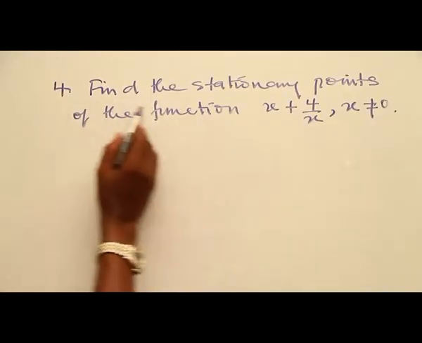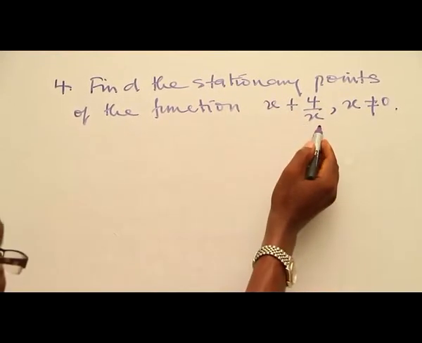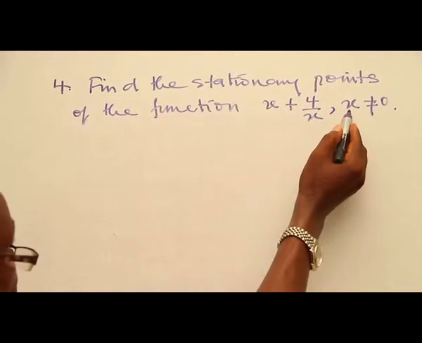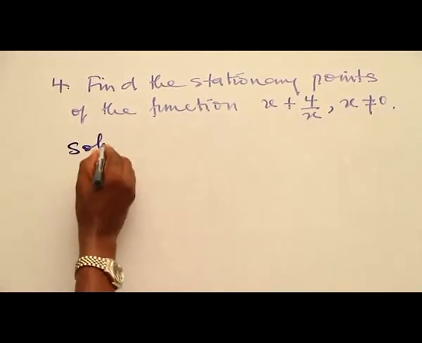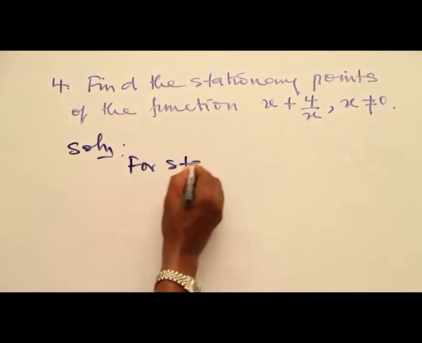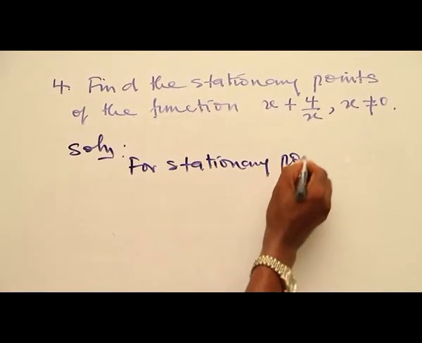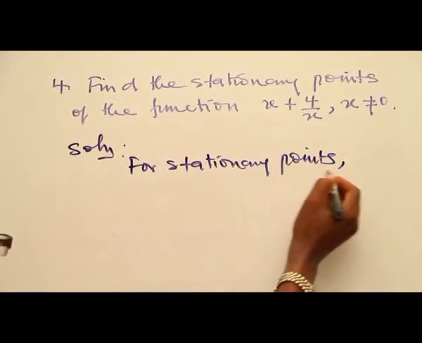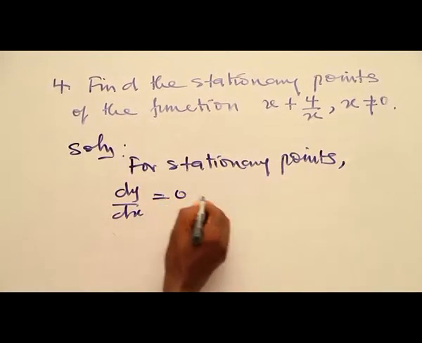Number 4. Find the stationary points of the function s plus 4 all over s, where s is not equal to 0. Solution. We know that for stationary points, our dy all over ds is equal to 0.